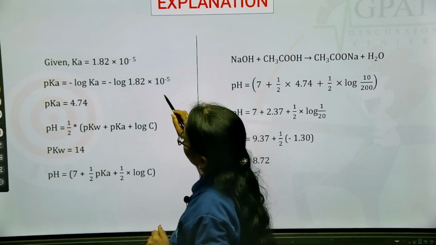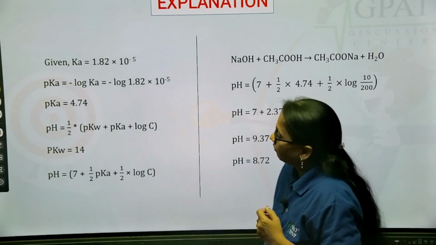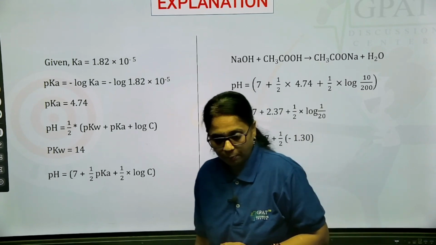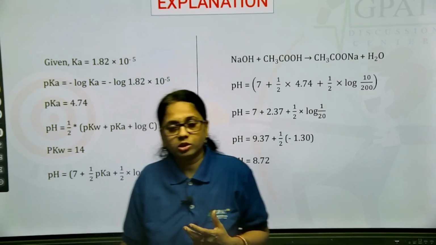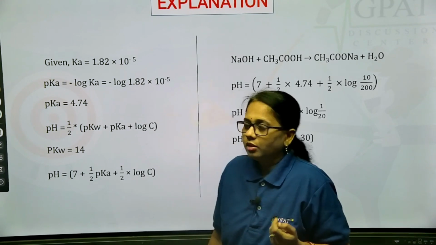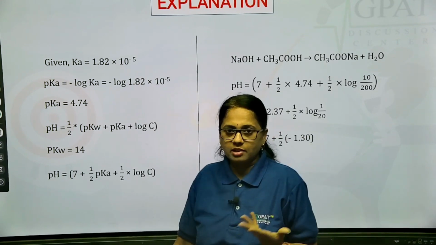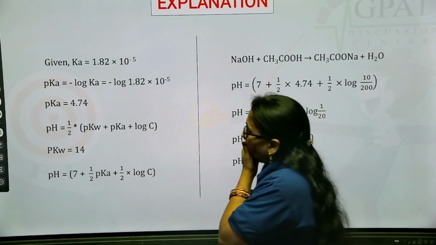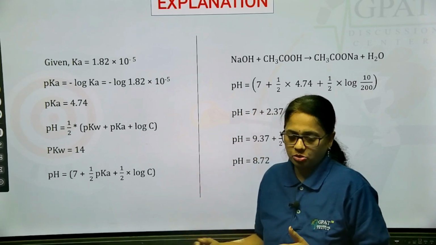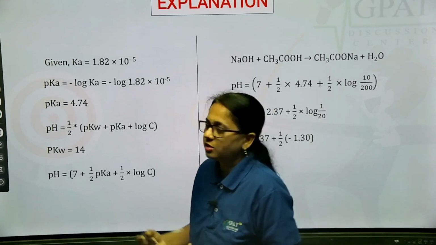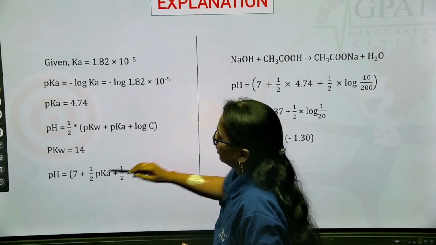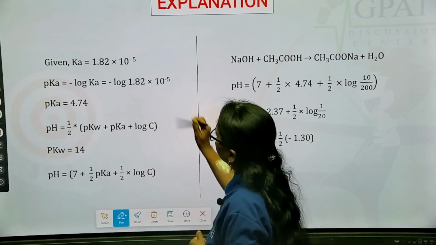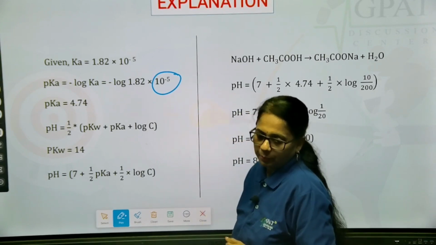Given Ka value as 1.82 into 10 to the power of minus 5, with this we find the pKa value, which means we need to apply logarithmic scales. You cannot do logarithms in the exam centers, so some of the values you are going to remember and take approximately.